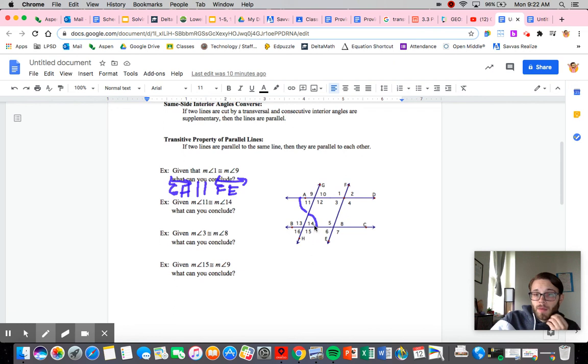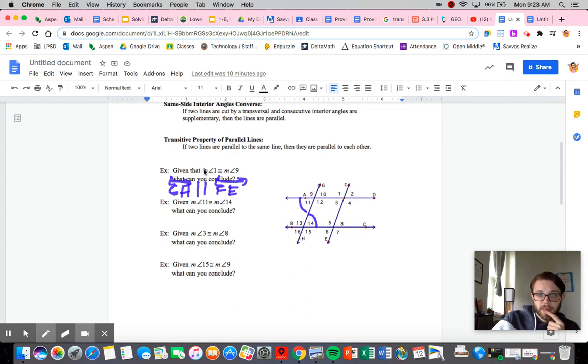Now, if we look in between AD and CB, we can see these two angles are both in between them. And they both are formed by GH cutting through AD and BC, these lines. So therefore, we do have two lines, AD and BC, that are cut by a transversal, GH, and it creates angles 11 and 14 that are congruent.